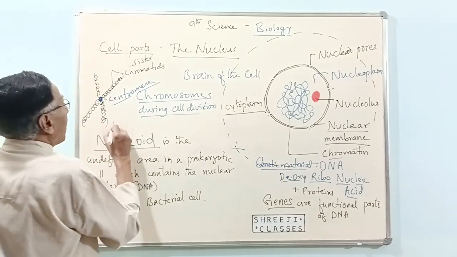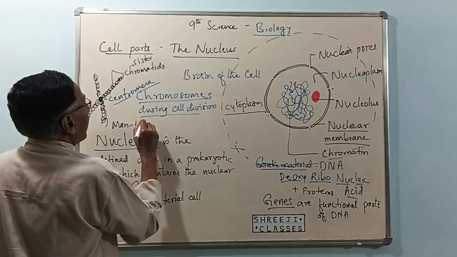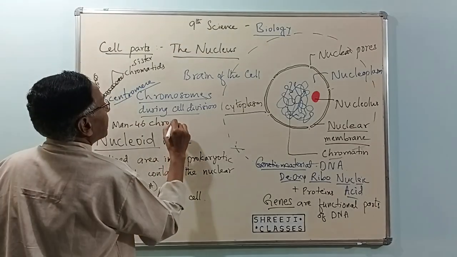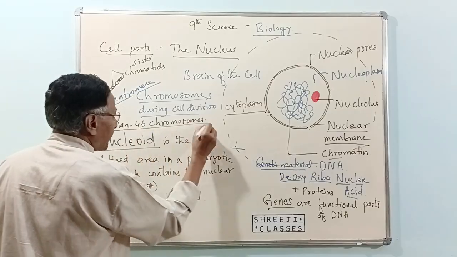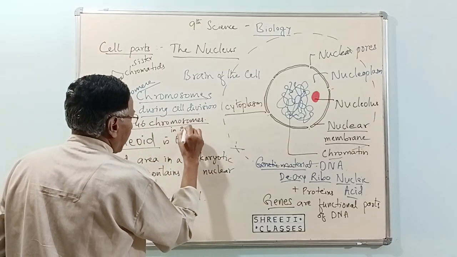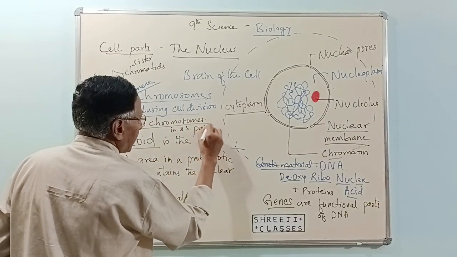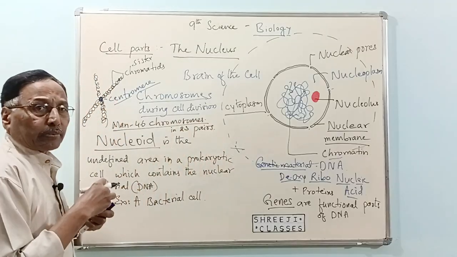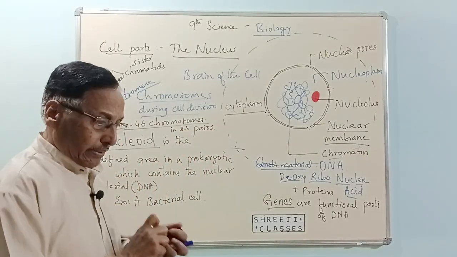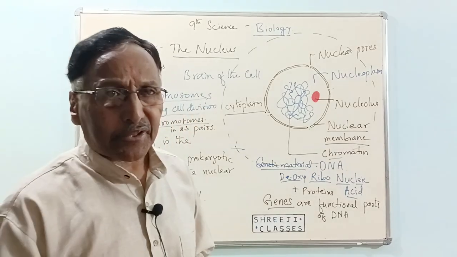For example, man has 46 chromosomes in 23 pairs. A dog has 78.